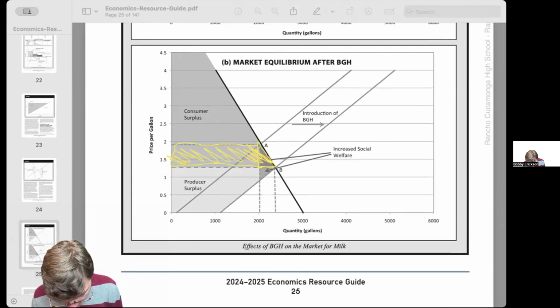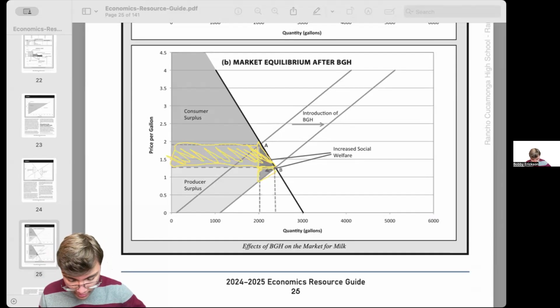Then we've got this for the producers, which although we've taken away some of the producer surplus, overall it's a benefit because we added all of this. So for the consumers, this is the increased consumer surplus.